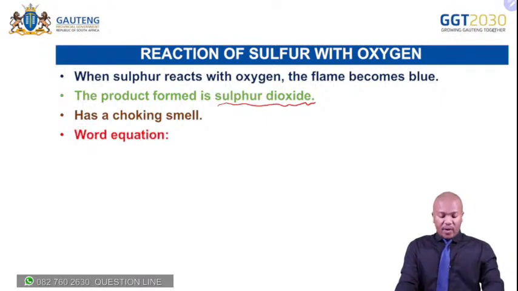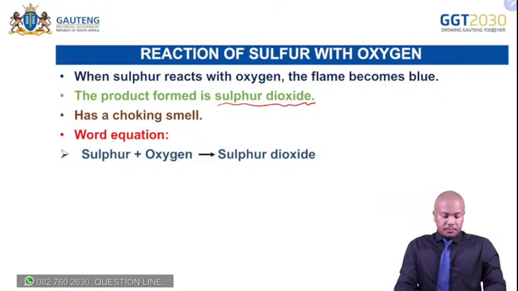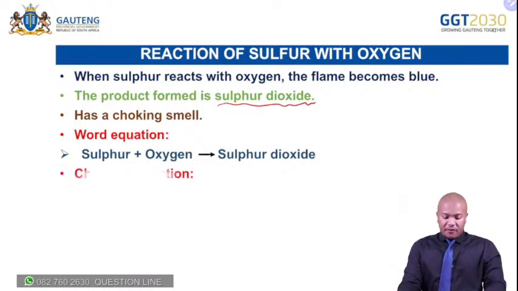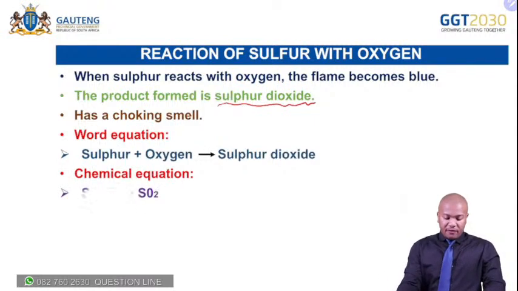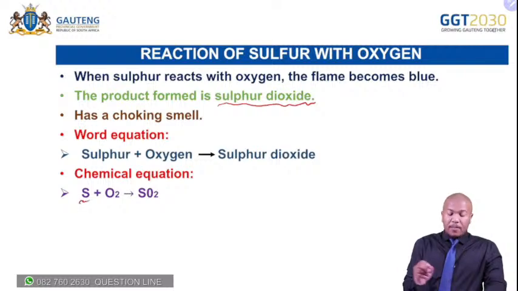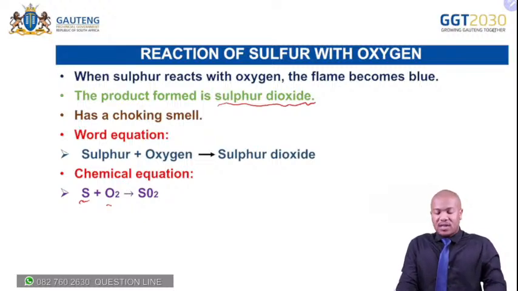So this is the word equation for the reaction of sulfur with oxygen. We have sulfur plus oxygen forming sulfur dioxide. We also have a chemical equation for it again. You have S as sulfur plus O2 as oxygen forming SO2 as sulfur dioxide.